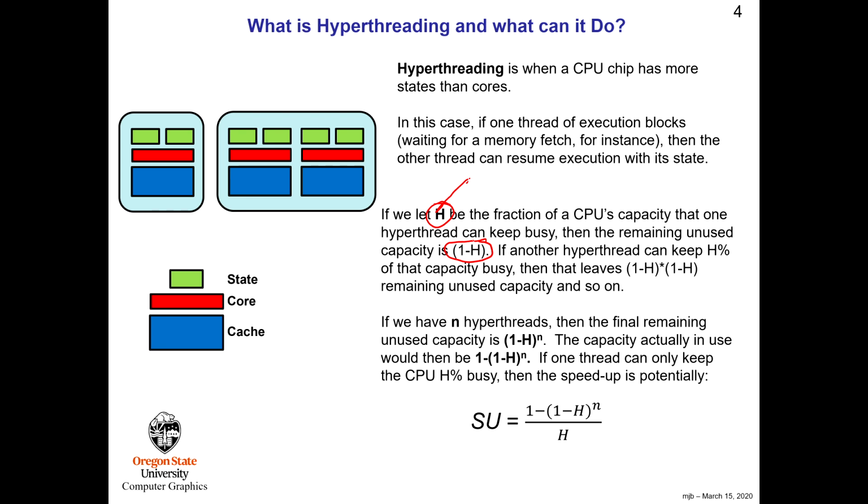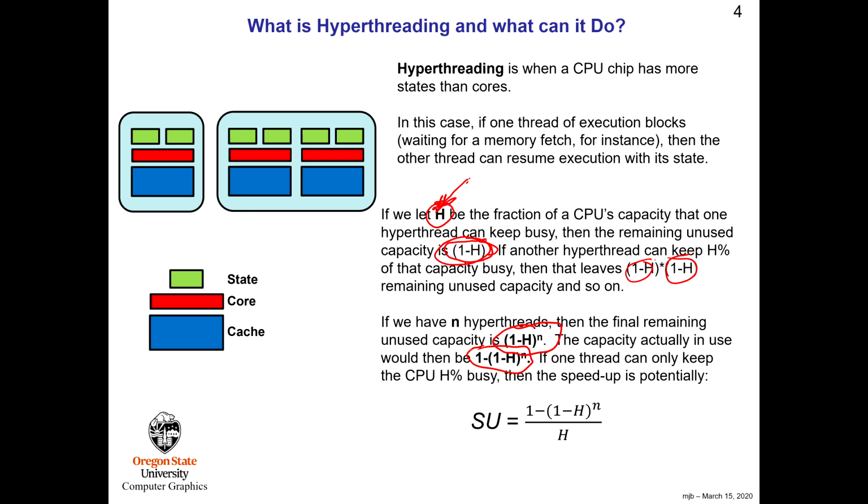If that hyperthread is capable of keeping H% of the core busy, then of that 1 minus H that the first one has left over, 1 minus H% of that is now left over from both of them, and so on. So if you have n hyperthreads, the remaining unused capacity would be (1 minus H) to the nth, or the capacity in use would be 1 minus that.